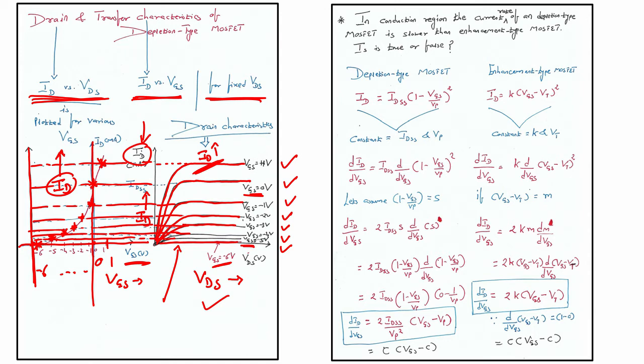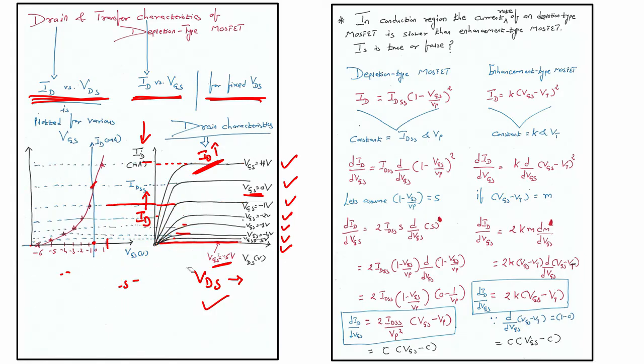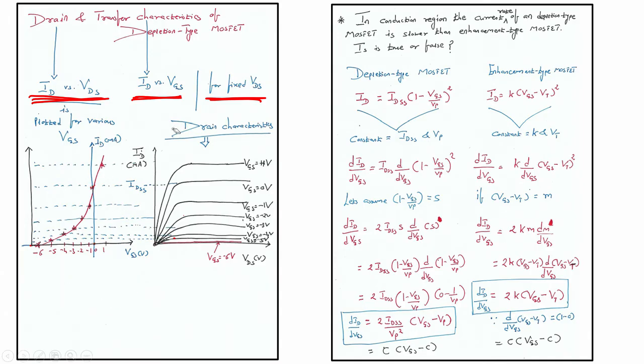If I know how the plot of ID versus VDS looks for different values of VGS, it is extremely easy to plot ID versus VGS for the same VDS. Very easy, is it not?